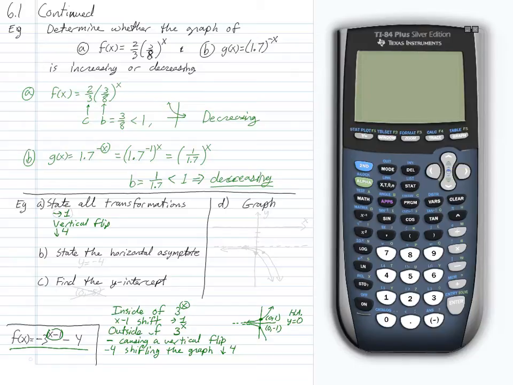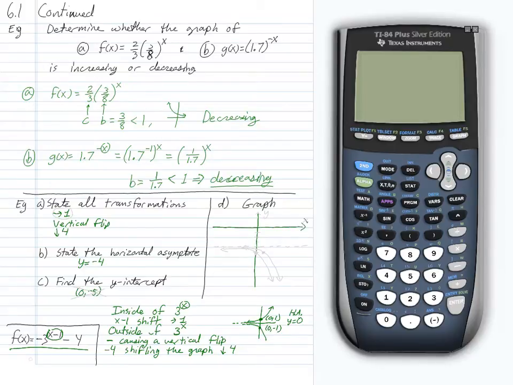But when I shift my graph down 4 units, its horizontal asymptote will move with it and become y equals negative 4. And similarly, our y-intercept will shift down 4 units to 0, negative 5. And finally, put that all together, the graph of my function.